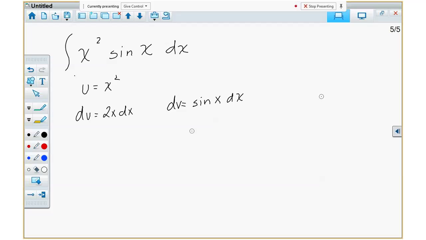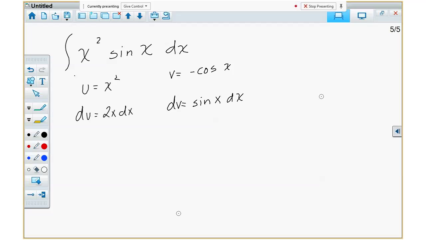And what's the antiderivative of the sine? The negative what? Cosine of x. Now, you could easily make it the other way, and you could do it both ways. You're going to get the same answer. We'll try to do the next problem the other way.